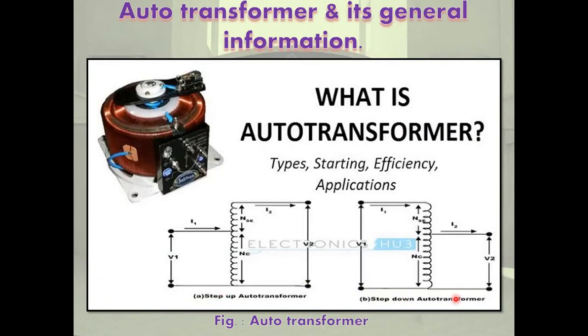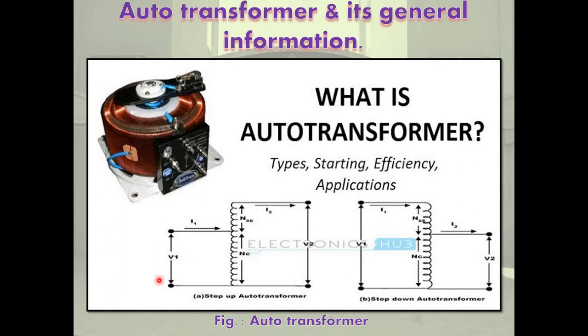Now, the first theory is auto transformer and its general information. This is the device of auto transformer. This is a circuit diagram of auto transformer. Here it is step up and here it is step down transformer. Only one coil is used in auto transformer. This is a number of tappings.